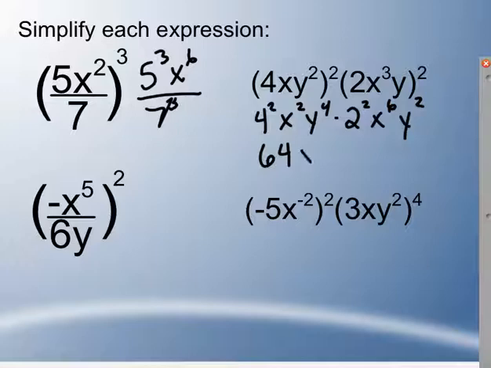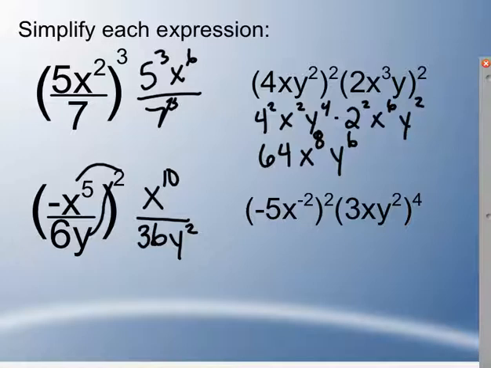We can add those exponents for our x's because they're being multiplied to get x to the 8th and y to the 6th. And I am going to square everything inside here, but I need to be careful about this negative x to the 5th. Because if I say negative x to the 5th times negative x to the 5th, negative times a negative is a positive x to the 10th over 36y squared.